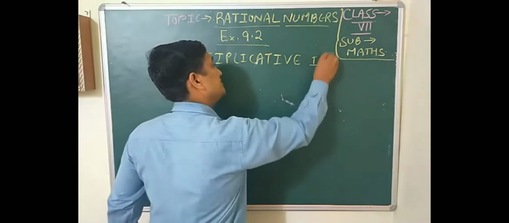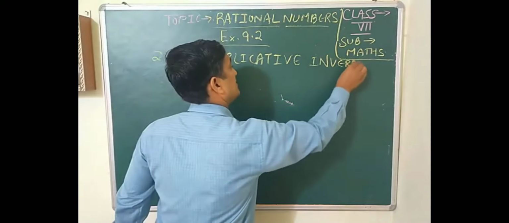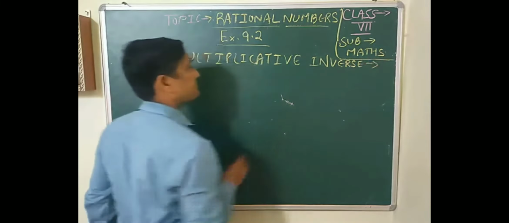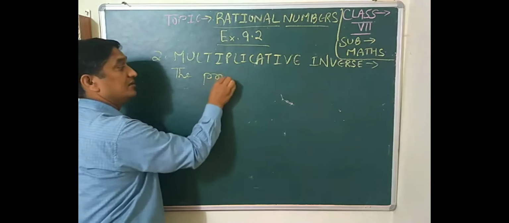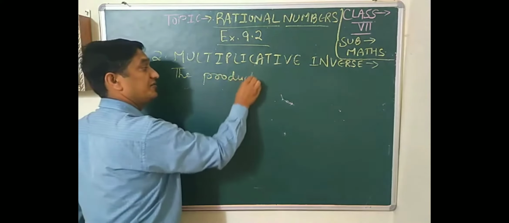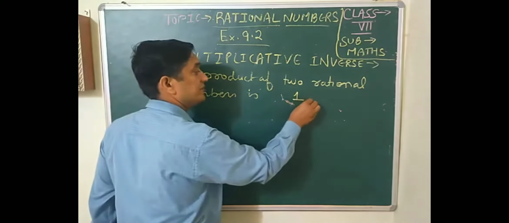Multiplicative inverse means the product of two rational numbers is 1.